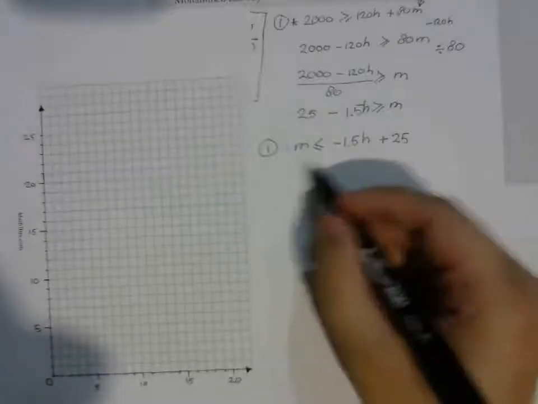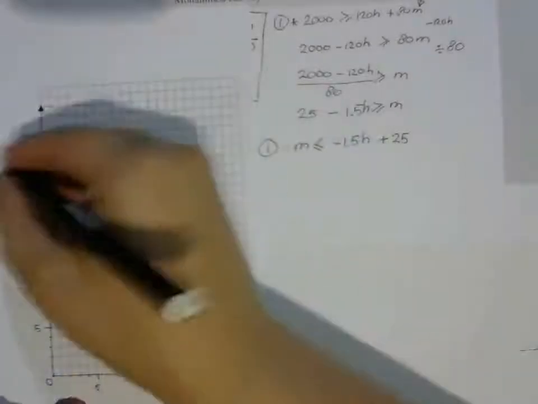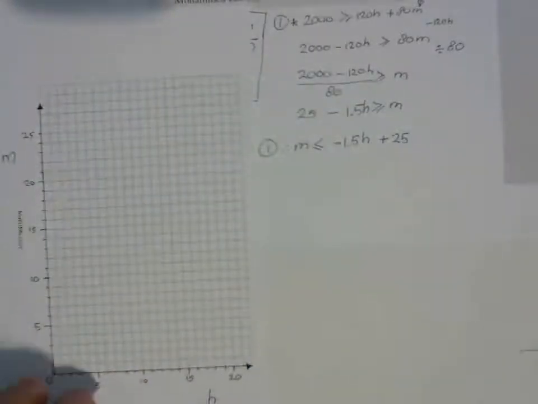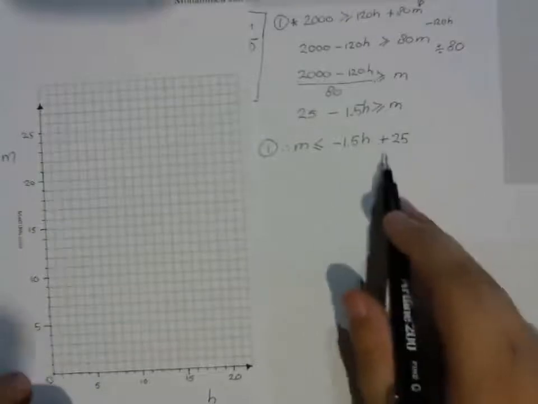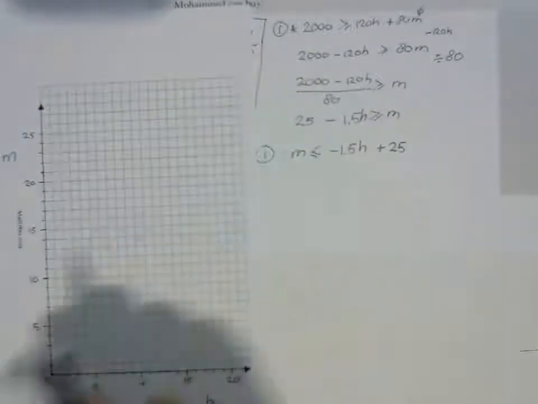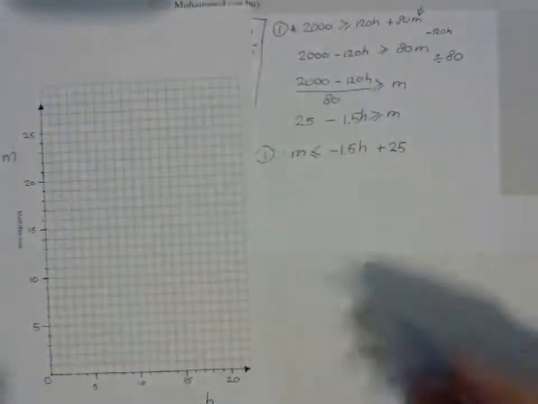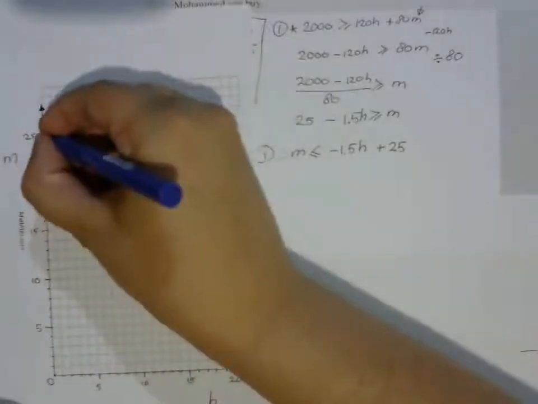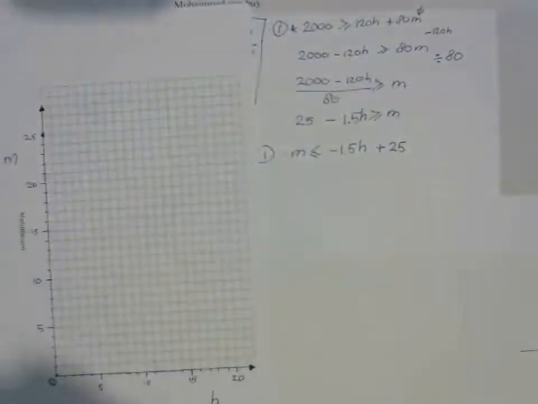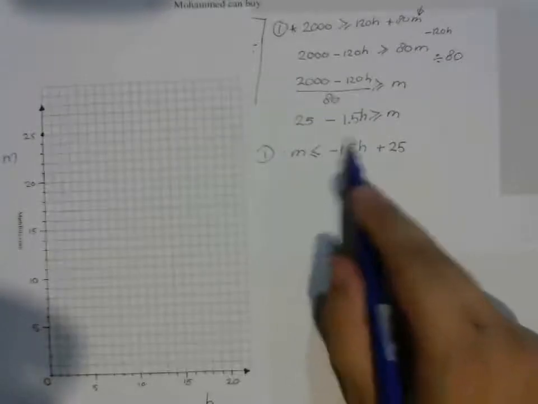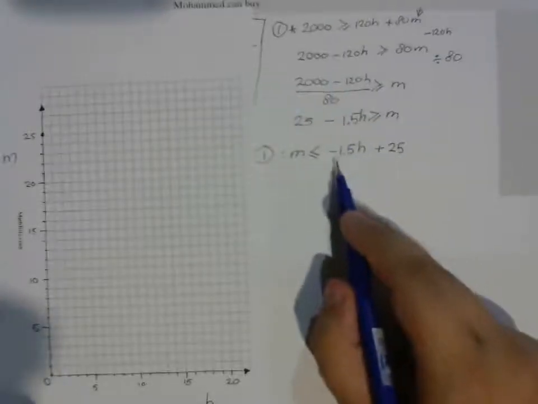Now m is my subject, so I'm going to put m on the y-axis, h on the x-axis, and I'm going to use my gradient method to draw this because it's easy. I'm going to put the intercept on first, so m is 25, that's my intercept. And for every one step across, I'm going to go down by 1.5.